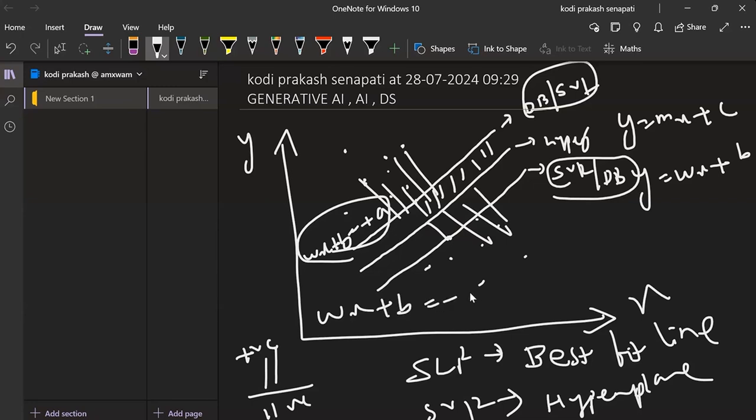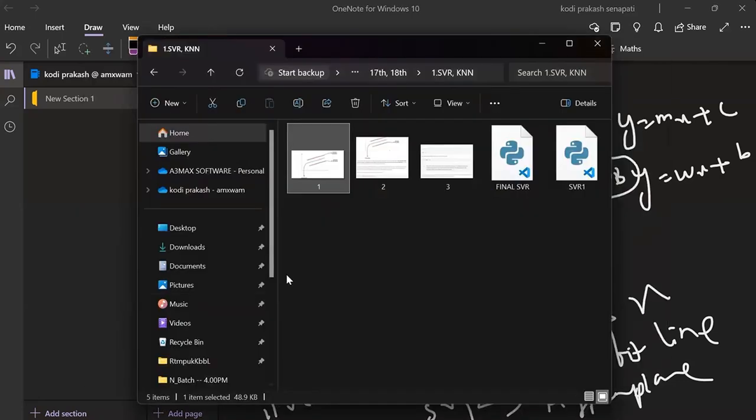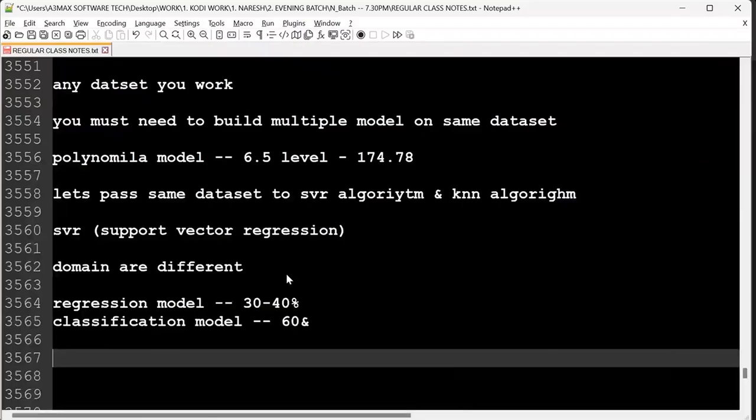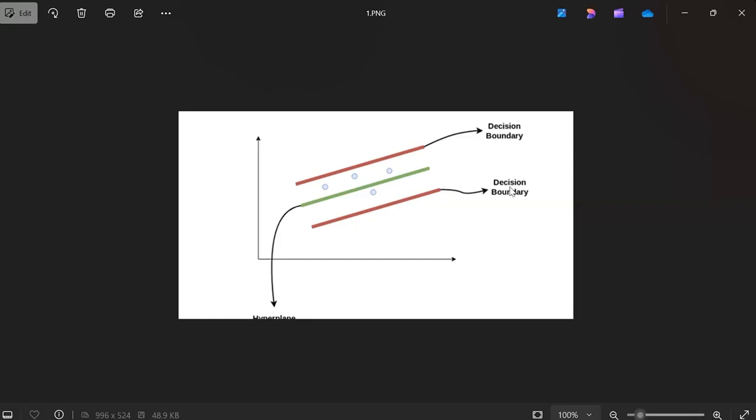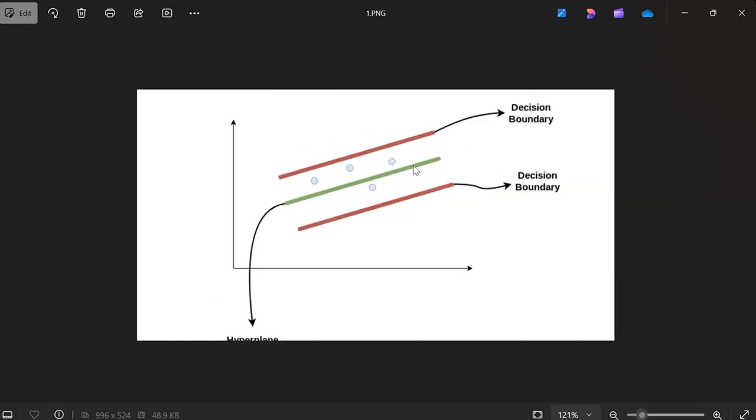Wx plus B equals negative A. So can I fit the equation like this? Have a look at this. This is the hyperplane, and along with the hyperplane, we plot the two parallel lines. These are the decision boundary or support vector lines.